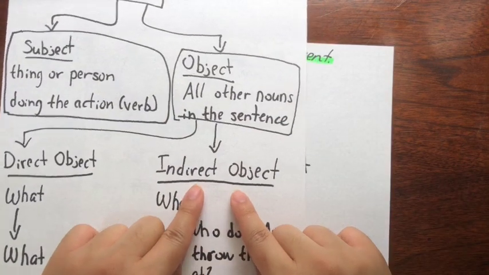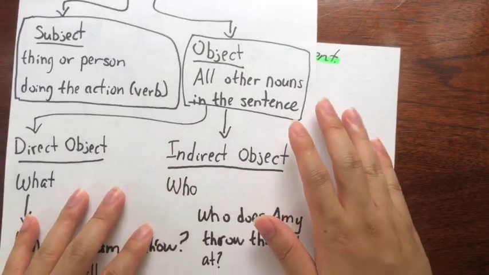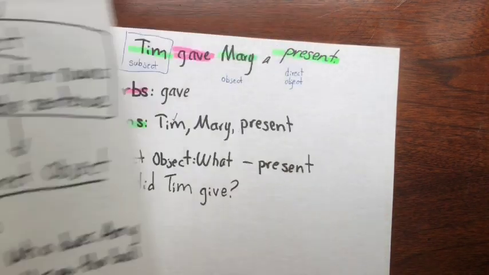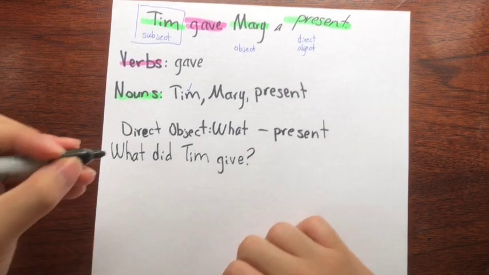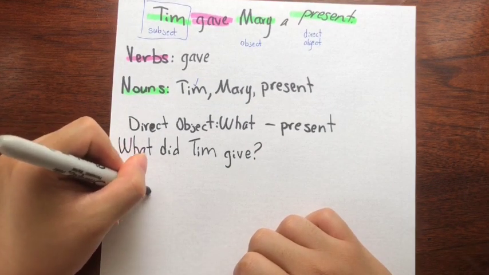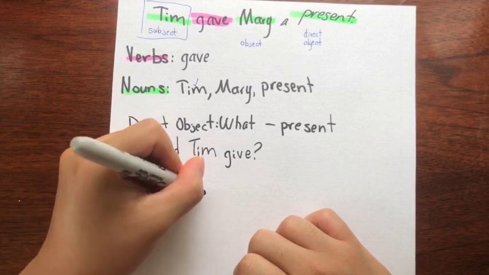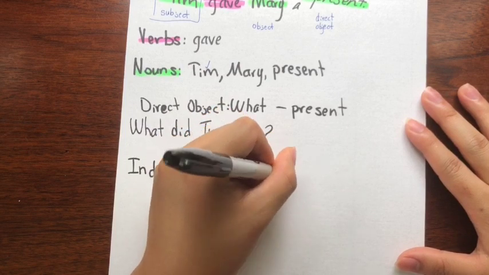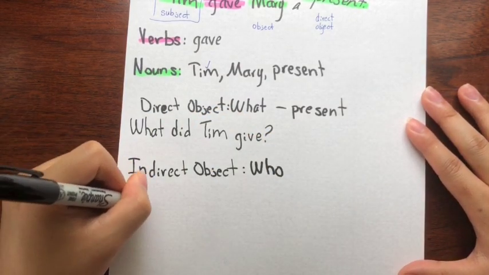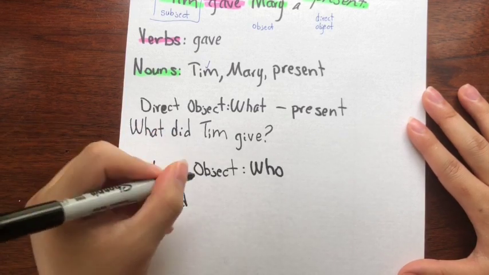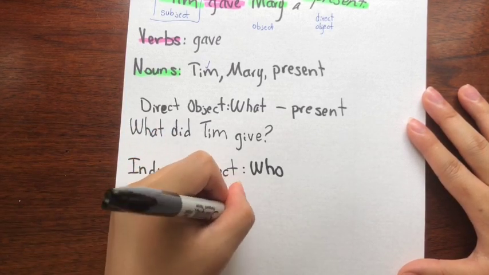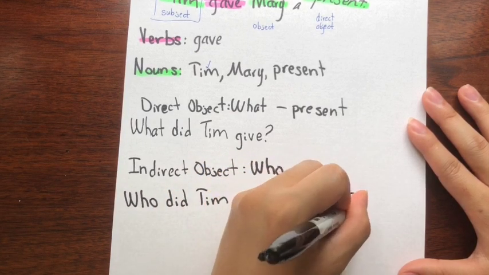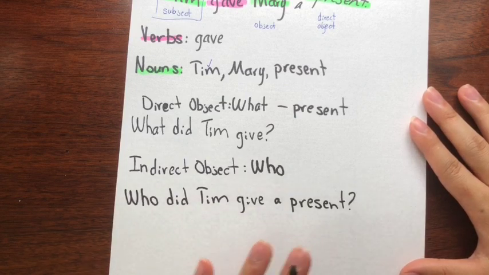Let's identify the indirect object. The indirect object answers the who question. So the question is, who did Tim give a present to?